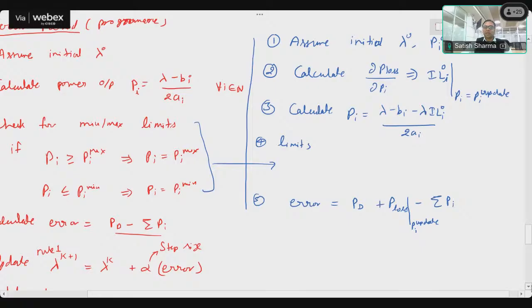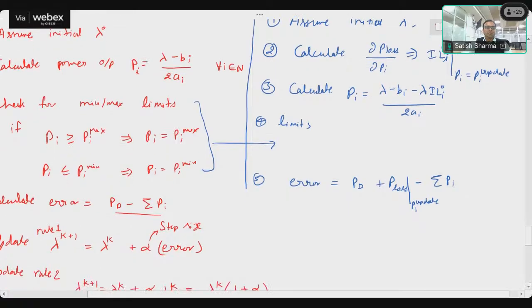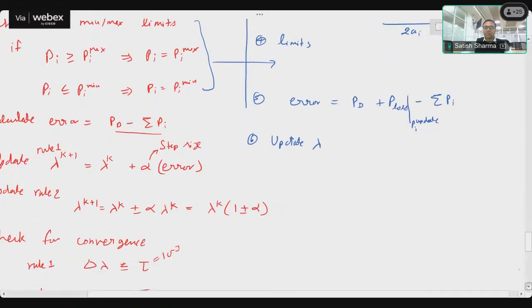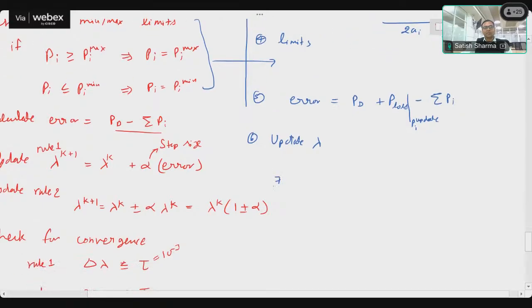We can calculate the error, and then the sixth step is to update lambda, and we will use the same rules for the lambda update, either with the error or with a certain fixed percentage. And then the seventh is to check for convergence.